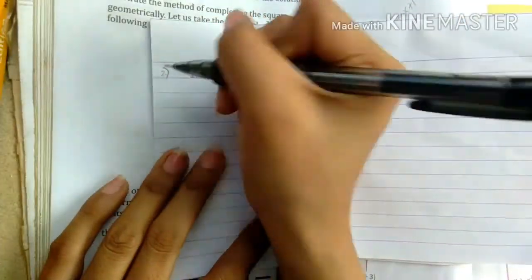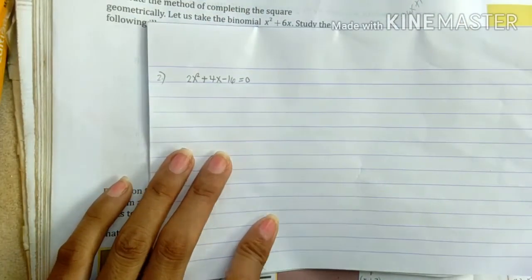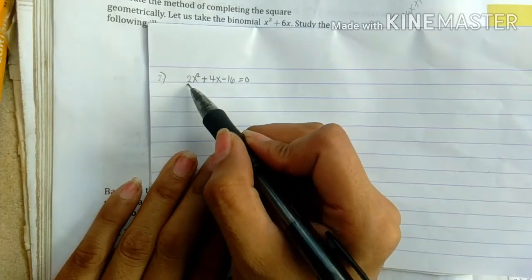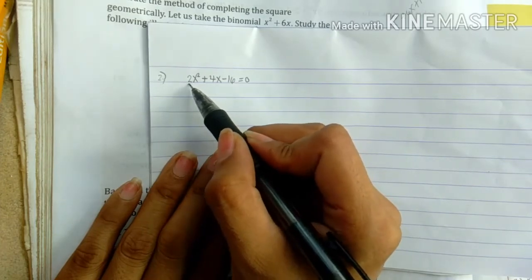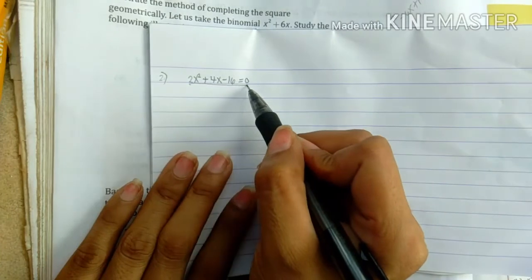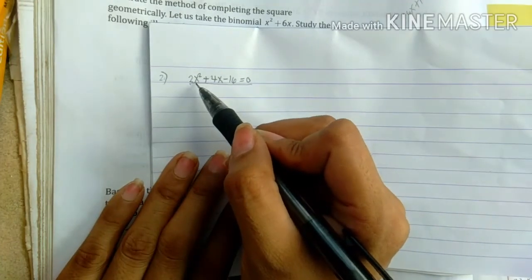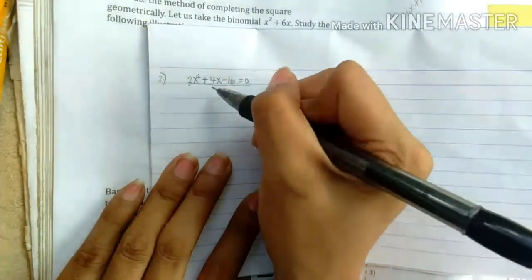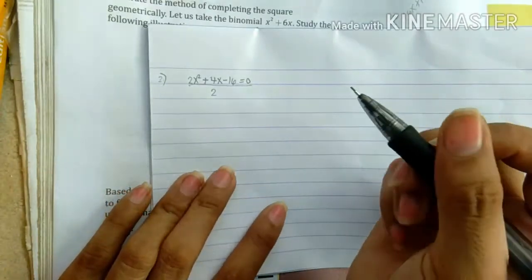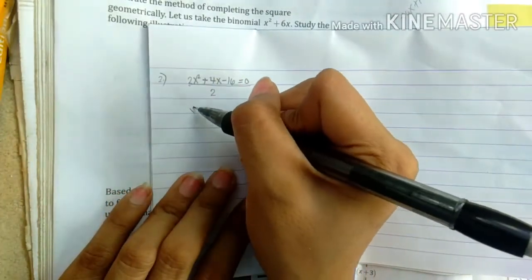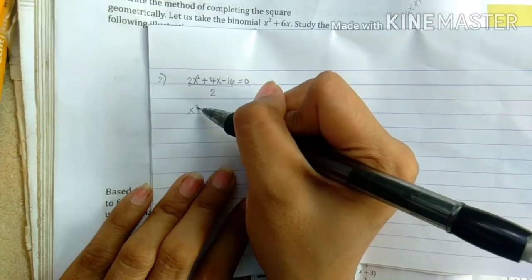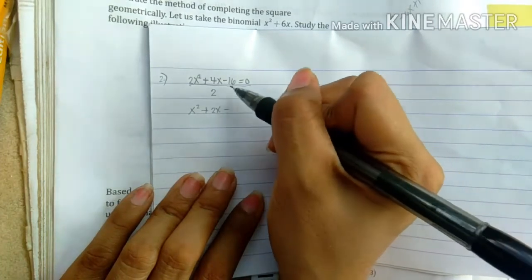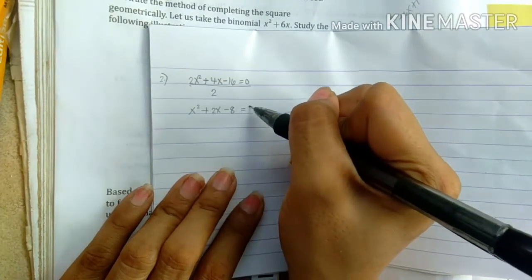Okay, how to do this? If you can see a coefficient in the quadratic term, we need to isolate it. Make sure the coefficient of your quadratic term is only 1. So we need to divide it by 2. 2x squared divided by 2 is x squared, 4x divided by 2 is 2x, and 16 divided by 2 is 8, equal to 0.